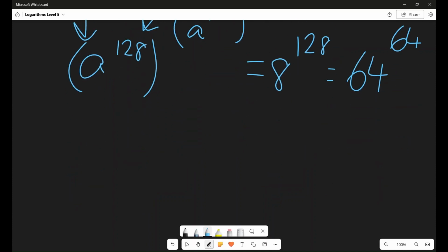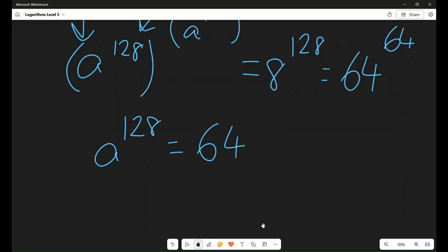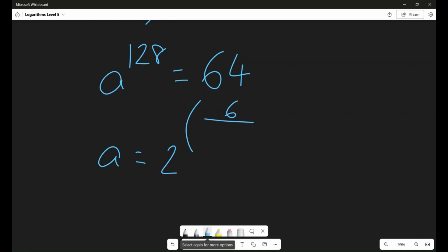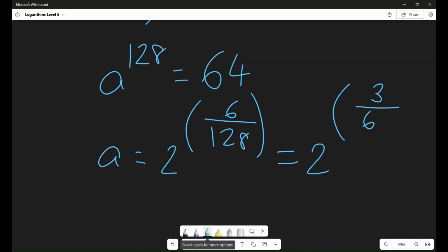Now we see that a to the power of 128 is equal to 64. And from this equation, we get that a is equal to 2 to the power of 6 over 128. Obviously, that exponent can be simplified to 3 over 64.